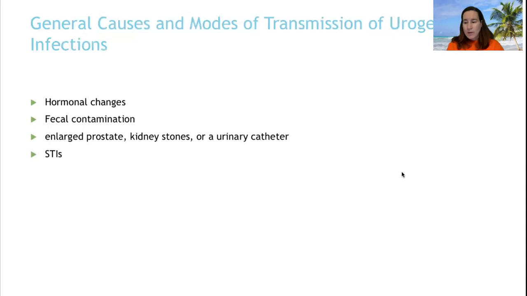Reasons that you might see these, not bacterial related, might be hormonal changes. If we're talking about women, changes in estrogen play a role in how the vagina is doing. If estrogen levels get too low, then the pH is going to increase. We're going to get a little more alkaline, and that throws off the microbiome in the vagina.